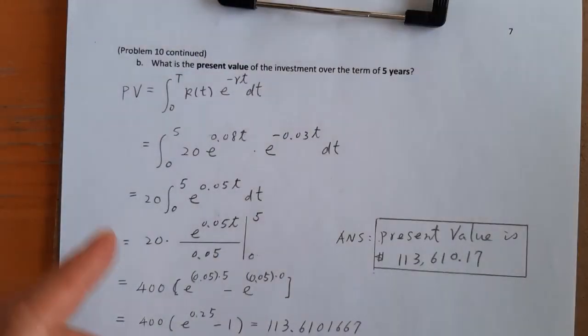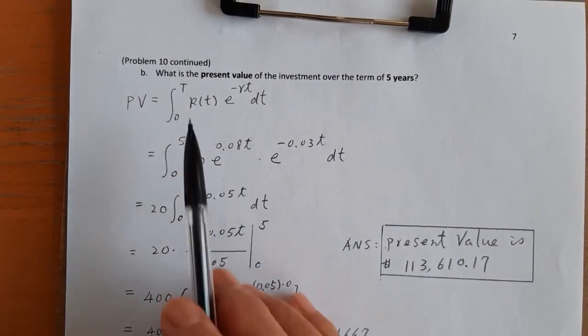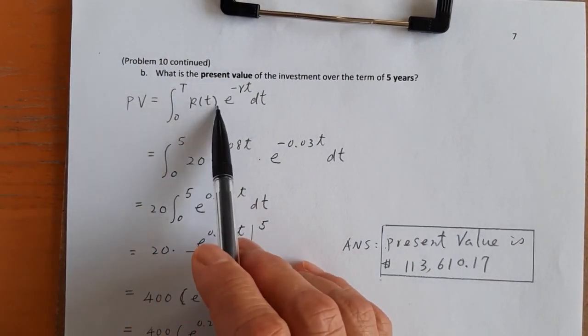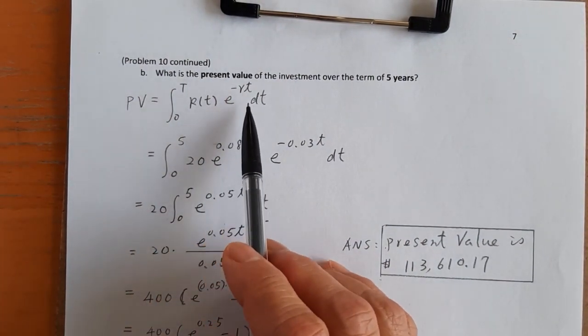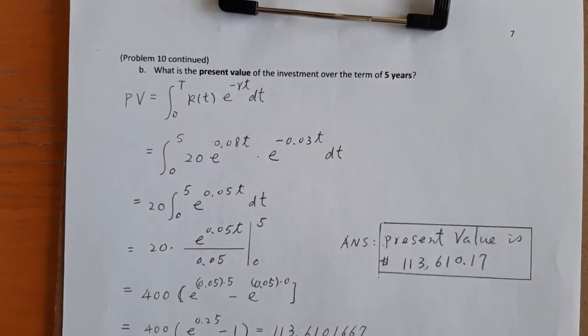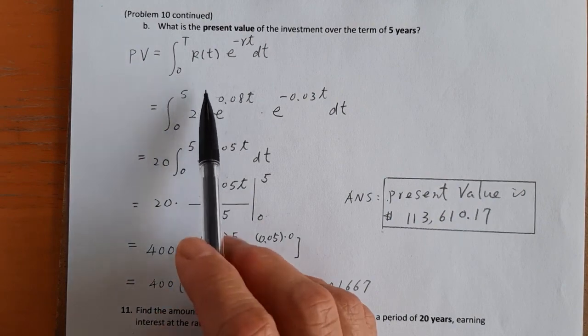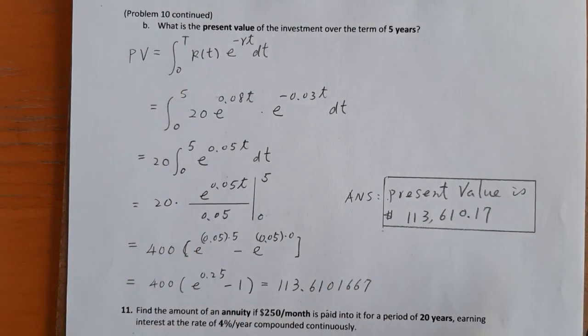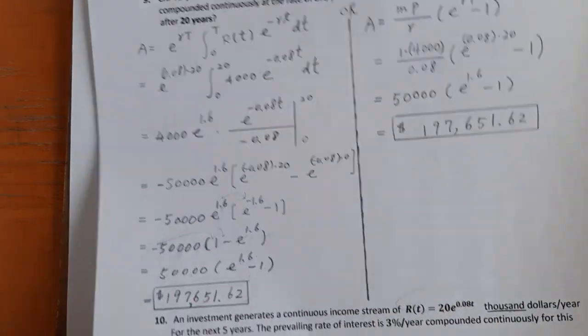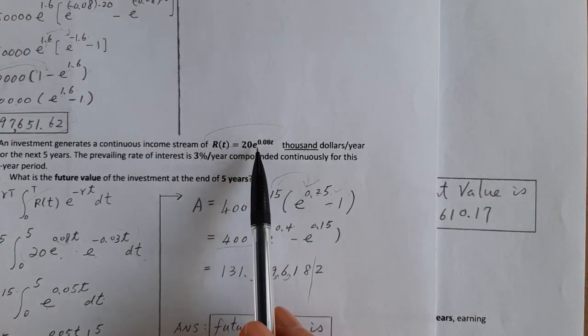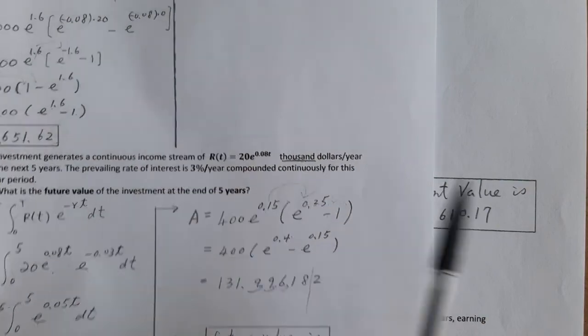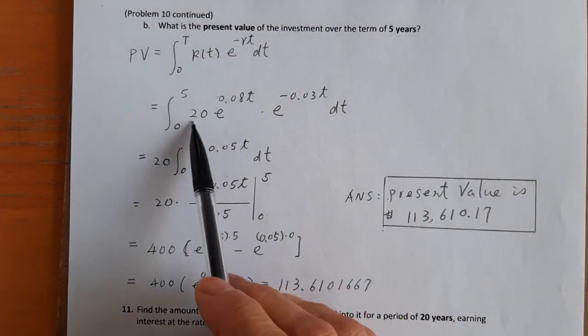So as I write over here, present value equals the integral from 0 to T of R of t e to the power negative rt dt. So it equals the integral from 0 to 5. R of t in this question is 20 e to the power 0.08 t, so plug it in here.